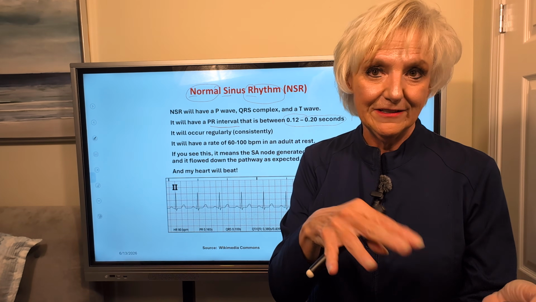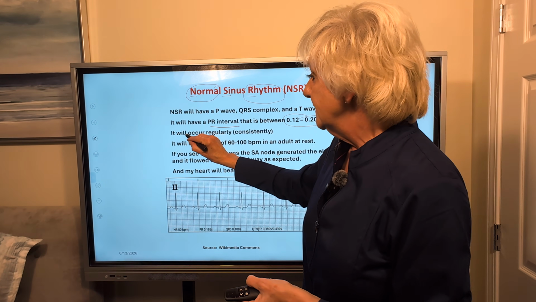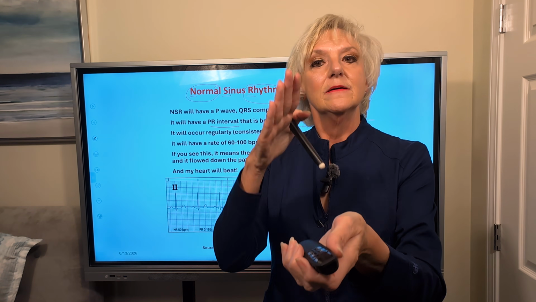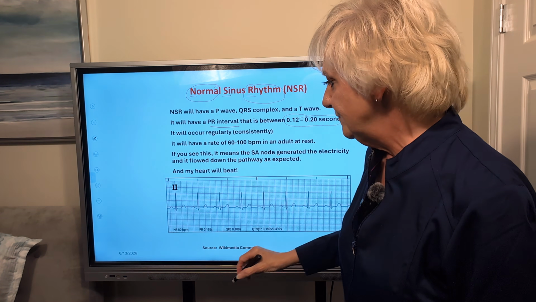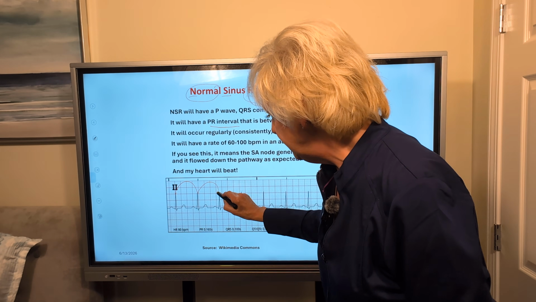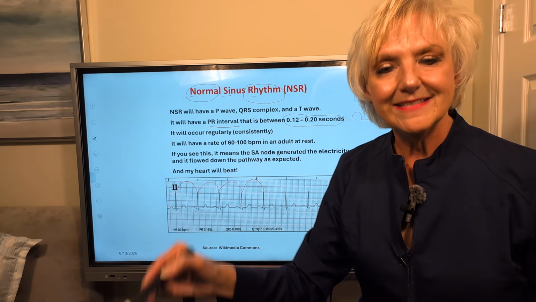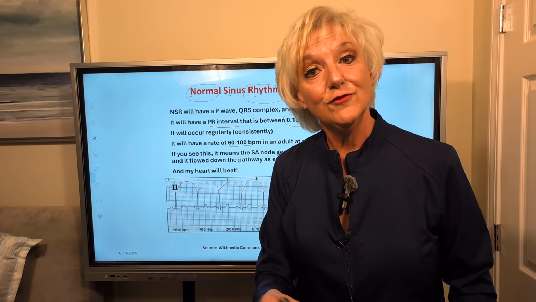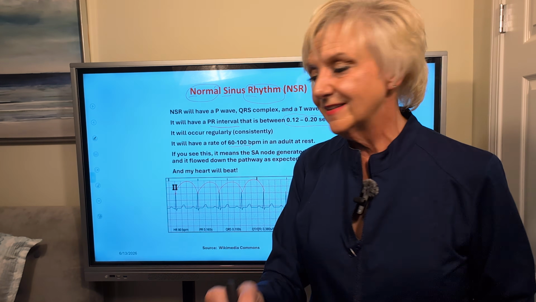And you'll hear more about that in a future lecture. Your beating will occur regularly or consistently, like beat, beat, beat, beat. And if you look here, consistent, consistent, consistent. It will have a rate of 60 to 100 beats a minute for an adult at rest.